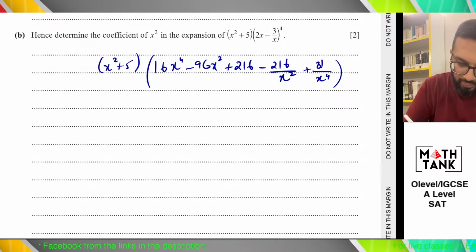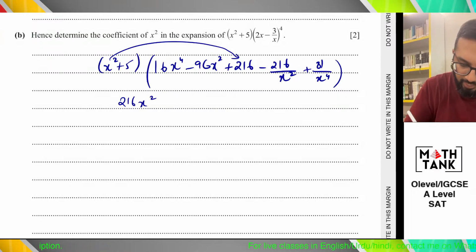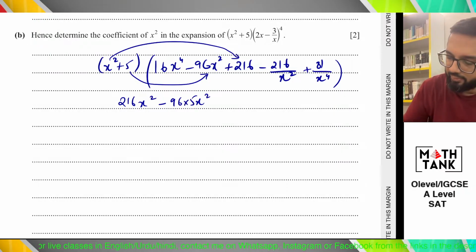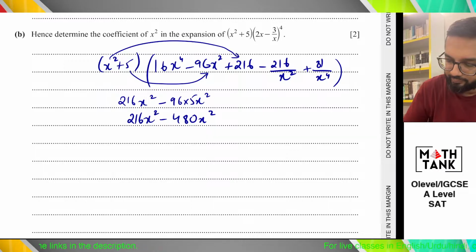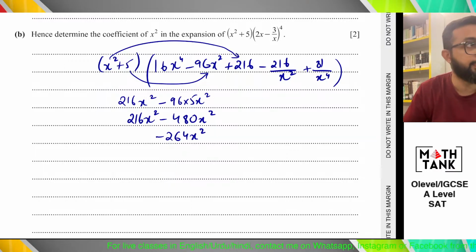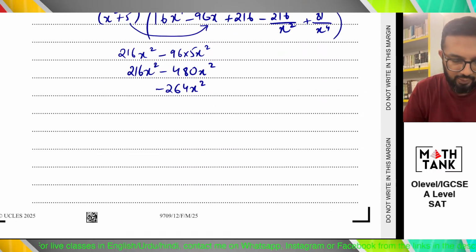So this multiplied with this constant gives me an x squared, and this multiplied with this gives me 96 into 5 x squared. 96 into 5, 480. So 216 x squared minus 480 x squared is minus 264. Okay, that is the final answer for this one.